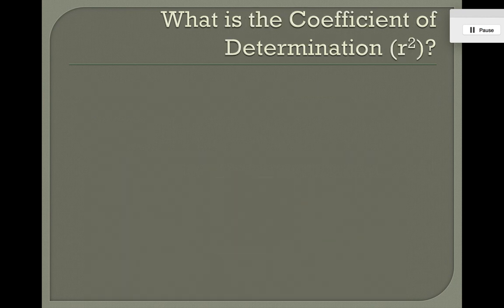Now, the last issue I'll be discussing in this lecture is what we call the correlation or the coefficient of determination. We sometimes also call this the amount of variability that's explained by our data, and we normally signify it with the statistic r squared. Now, what is r squared? R squared is how we refer to our coefficient of determination.